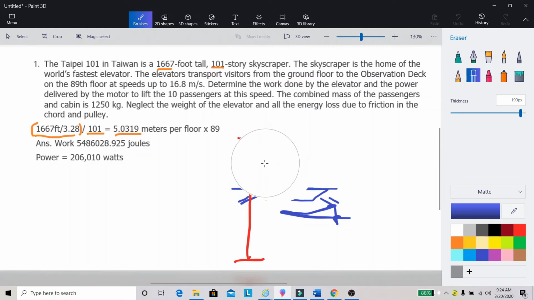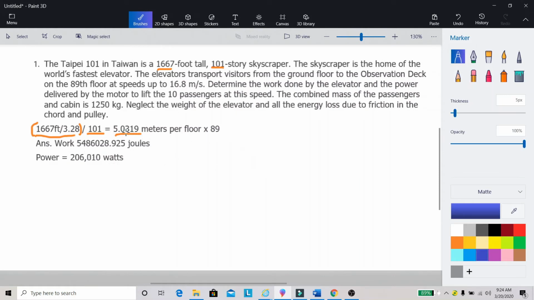Pero ito ang binibigay ng problem, pagbigyan po natin kasi yan po yung hinihingi ng problem, 5.0319 meters per floor. So, i-times mo sa 89 floor kasi yun yung magiging displacement mo. Yan yung magiging displacement mo times mo sa 89 floor.